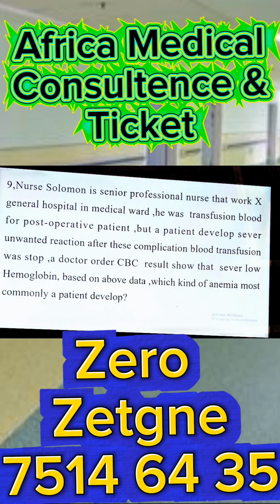Question number 9. Nurse Solomon is a senior professional nurse who works at a general hospital in the medical ward. He is transfusing blood for a post-operative patient. But the patient develops a severe unwanted reaction, and the blood transfusion was stopped. A doctor orders a CBC. The results show severely low hemoglobin.